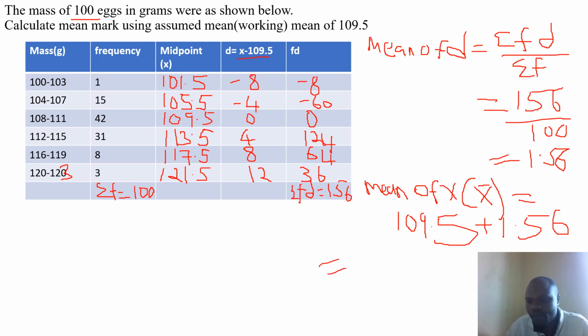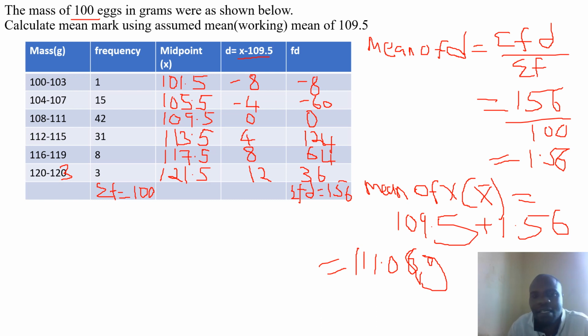If I add the two, I'll get 110.56 grams. So that is how you can calculate the mean using the assumed mean of grouped data.